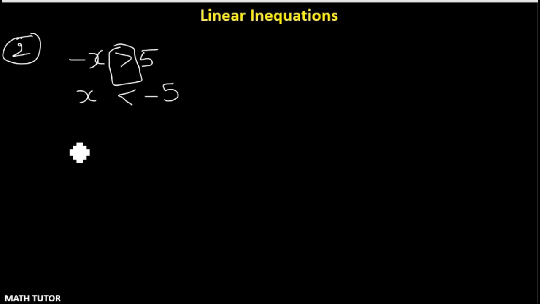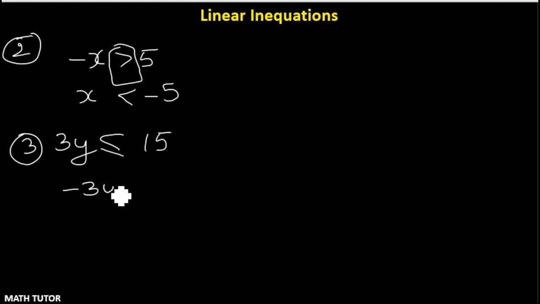Got it? One more example we can see is 3y less than or equal to 15. If I am going to keep a negative symbol for both of these terms, what will happen? Minus 3y becomes greater than or equal to minus 15.